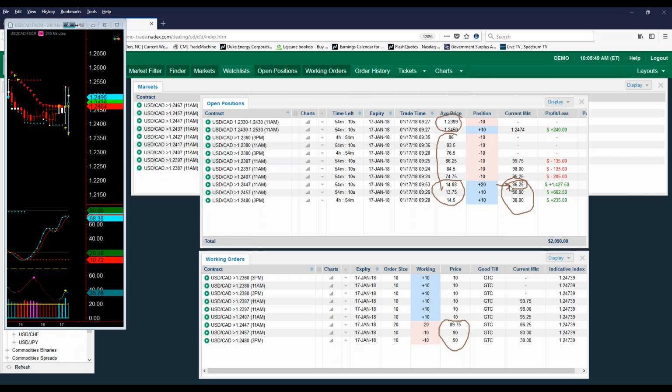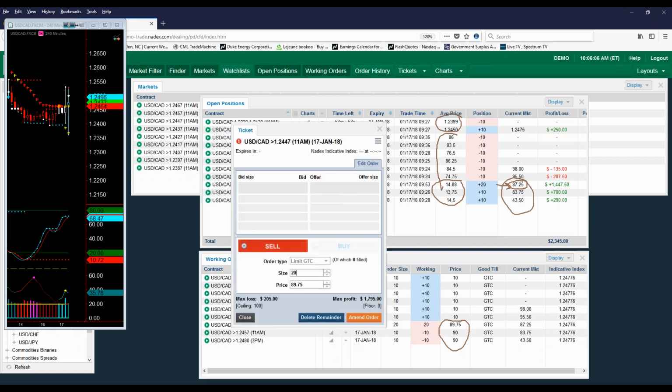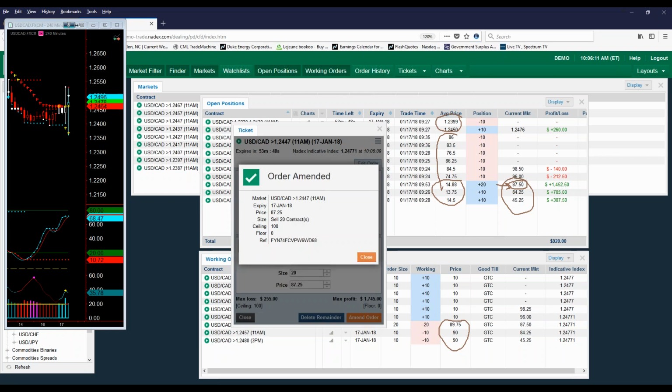But again, it's popping around like crazy here. Do y'all see that? And again, you can come back in here and say, okay, let's try 87, see if it will get filled.